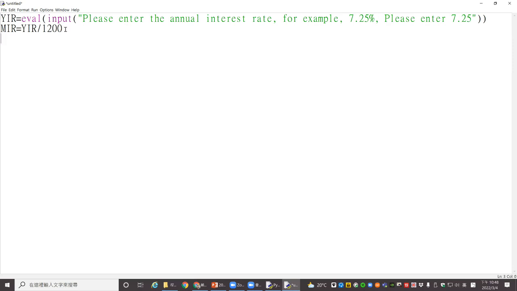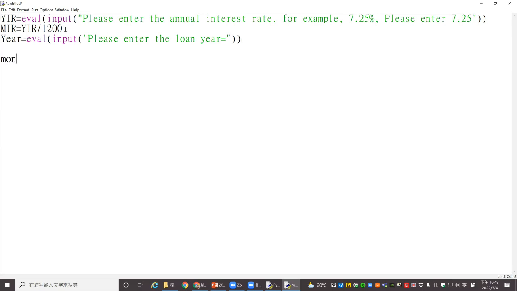And we will ask the user, how many years do you want to loan? So for the year here, I will use year. So I ask the user for input: please enter the loan year. And finally, how much money do you want to loan?